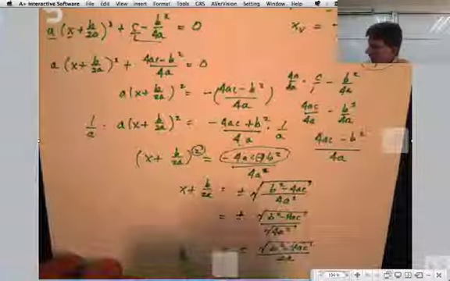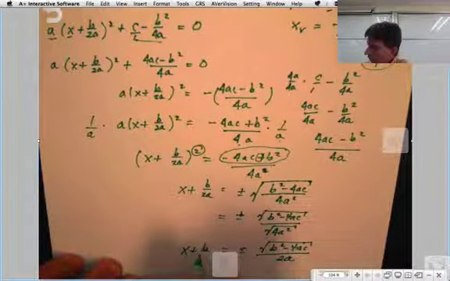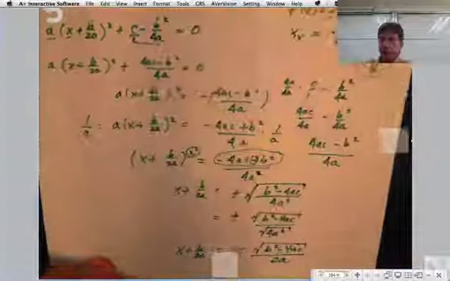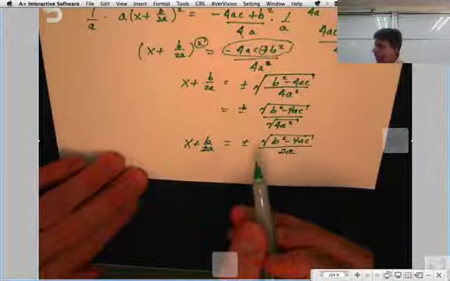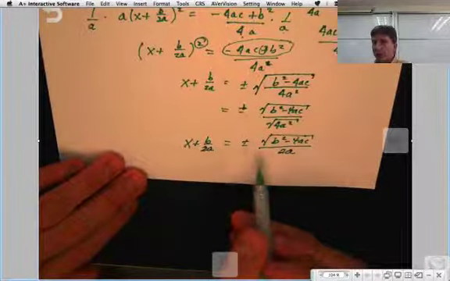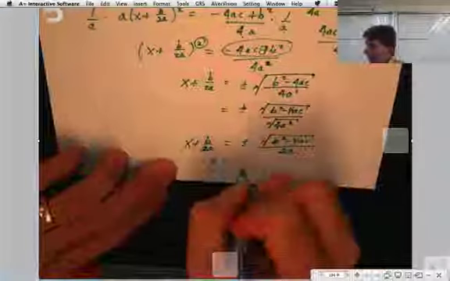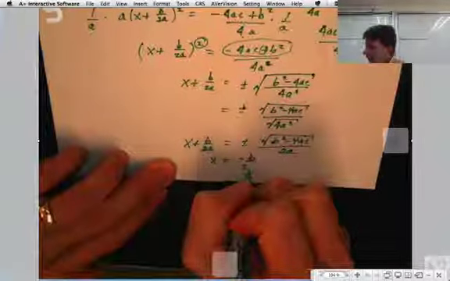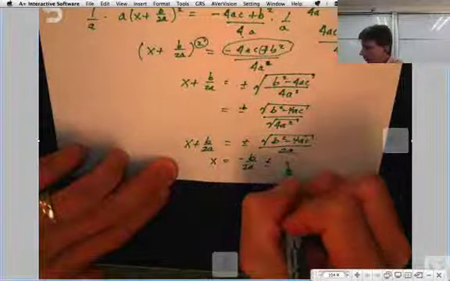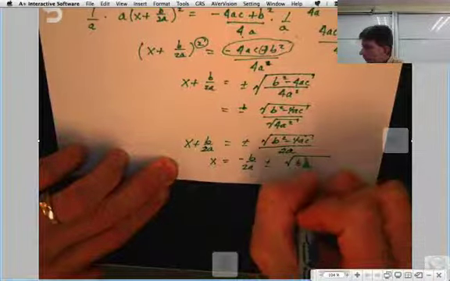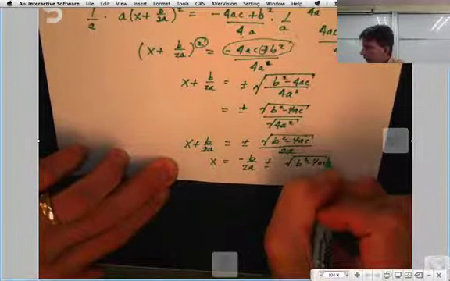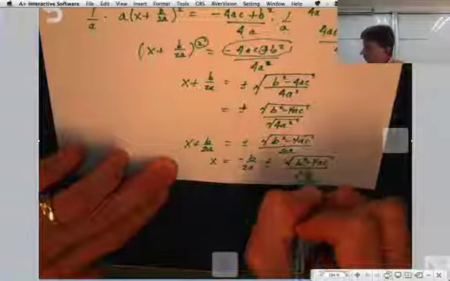And on the left-hand side, I'm still left with the x plus b over 2a. So now I can see that if I were to subtract b over 2a from both sides, I'd get x is equal to negative b over 2a plus or minus the square root of b squared minus 4ac all over 2a.